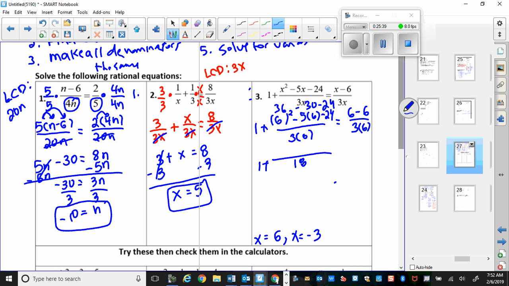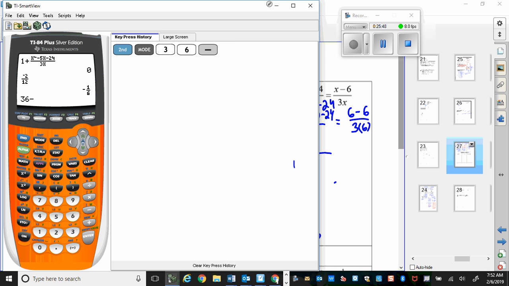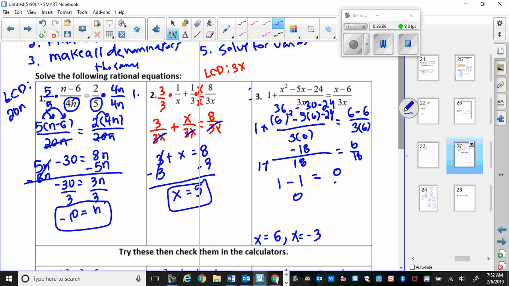So I'm going to put this in my graphing calculator: 36 minus 30 minus 24. Enter. And I get negative 18. Okay, equals 0 over 18. So that's 1 minus 1 equals 0, or 0 equals 0. So 6 checks out.